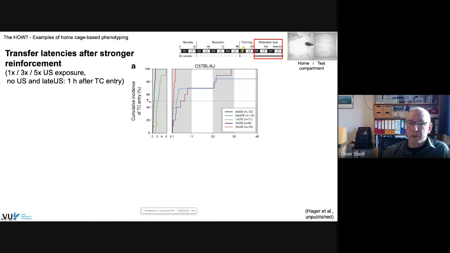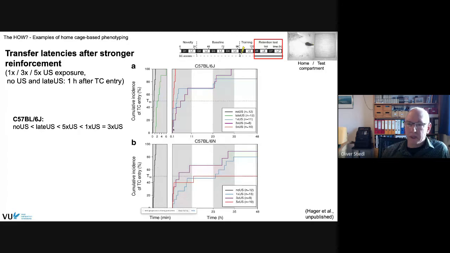This group shows a significant increase in the latency to re-enter, but on a time scale of minutes, whereas, as you can see now, animals exposed to 3 shocks compared to 1 shock perform similarly, but animals exposed to 5 shocks move over relatively rapidly, and there is no persistent avoider anymore, telling us that the reinforcement strength of 5 shocks impairs memory.